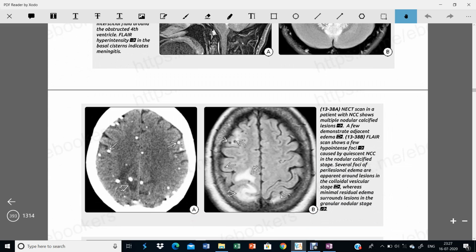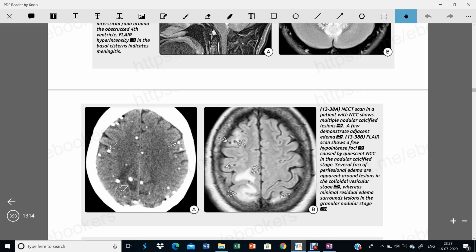In this picture, the CT scan, we will see the hyperintense lesion. This hyperintensity, most of the time in neurocysticercosis, is the calcified stage, that is the nodular stage. In this picture, this is the gray matter, white matter, and this is a FLAIR MRI.